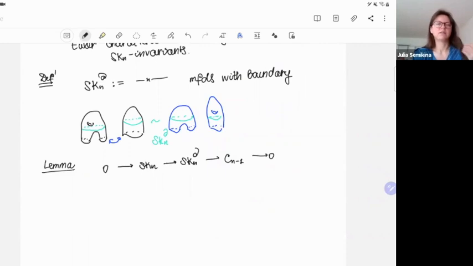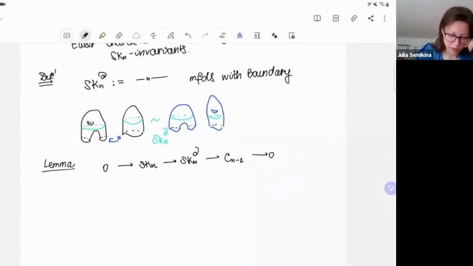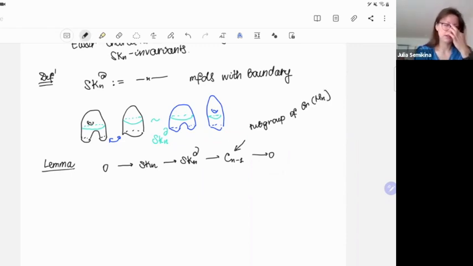So SK_n, these are the previously defined groups, SK_n boundary, these are the newly defined groups, and C_{n-1} is a subgroup of the Grothendieck group of all (n-1)-dimensional manifolds.